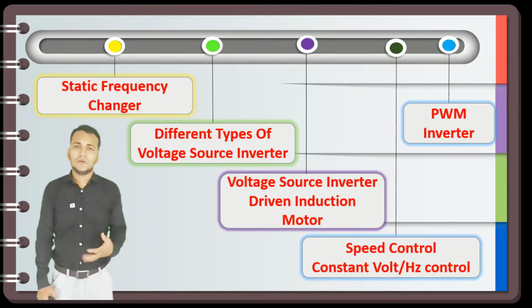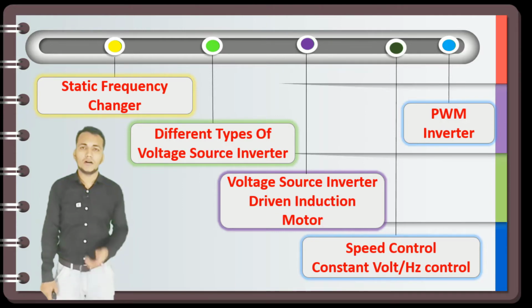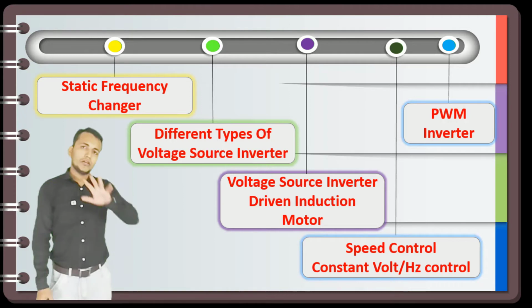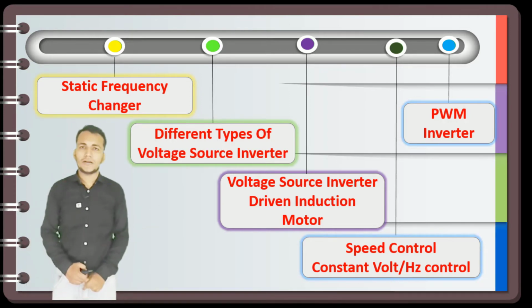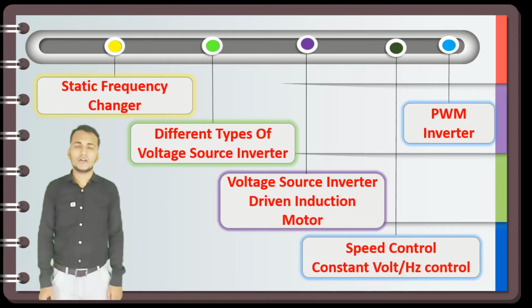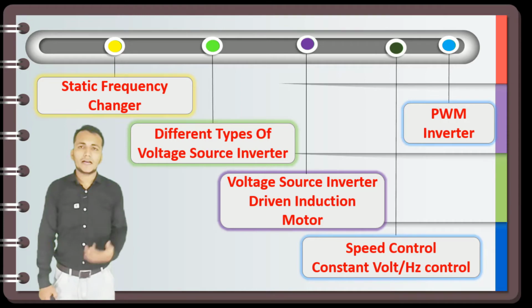In this PWM inverter, we have to study different PWM methods and different PWM inverters also. So that is the content that we have to study in this chapter number 5, frequency controlled induction motor drives. Now let us start with some basics of this chapter.